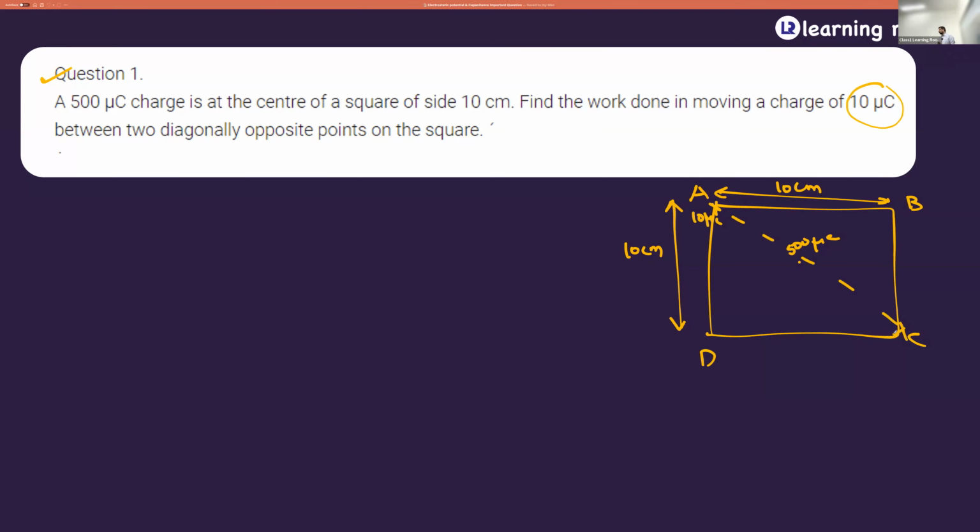So what is going to be the amount of work done? So work done to move the charge between A to C is equal to the charge itself multiplied with the potential difference between the points AC.